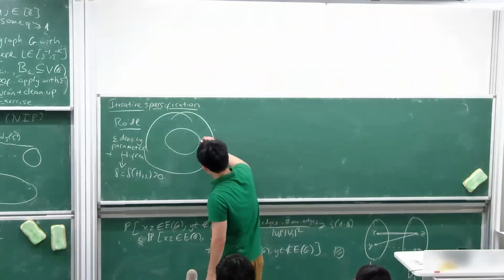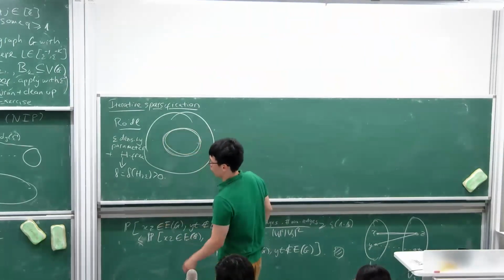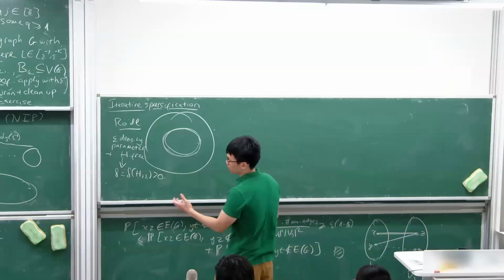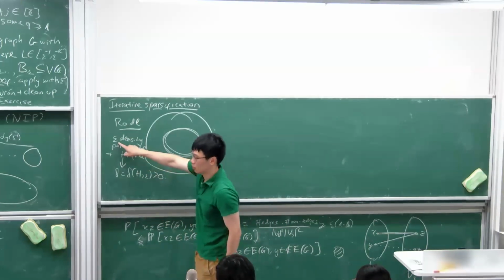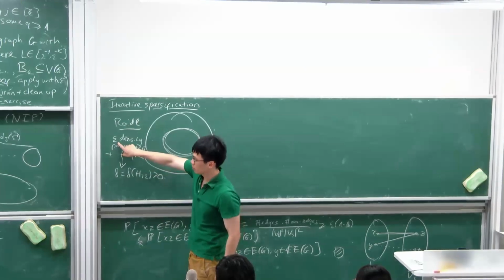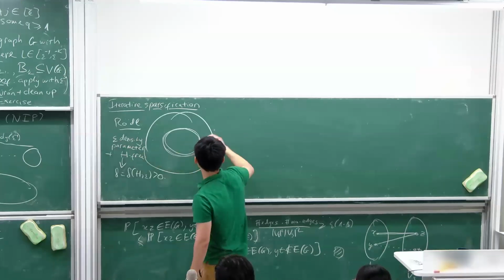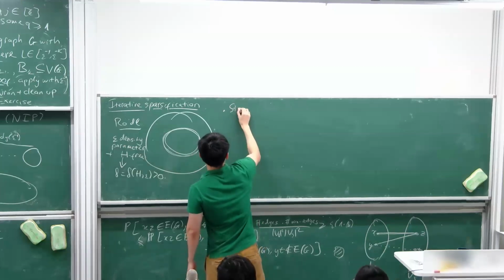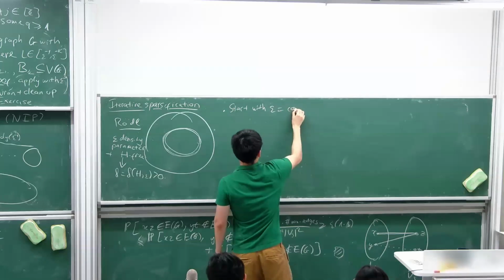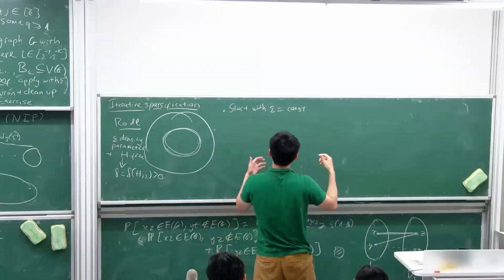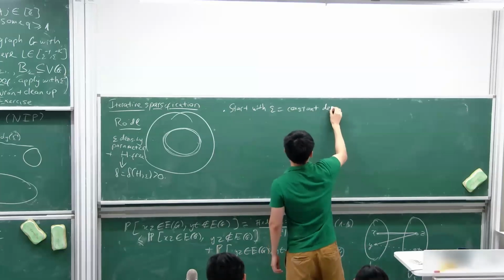So for application, if you want to get a full Erdős-Hajnal result, perhaps the best way to apply Rödl's theorem is to start with epsilon being some constant, a constant depending on H, supposedly very small.